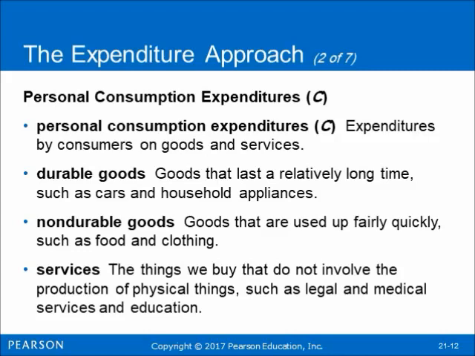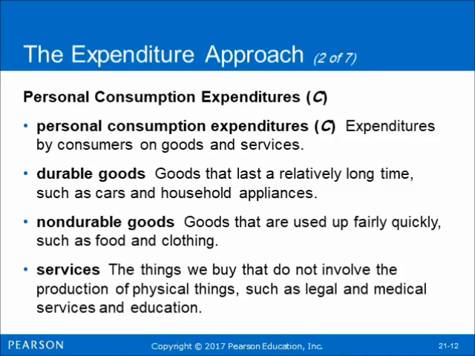These expenditures include spending on durable goods, which are goods that last a relatively long time, such as cars and household appliances. They also include non-durable goods, which are goods that are used up fairly quickly, such as food and clothing.